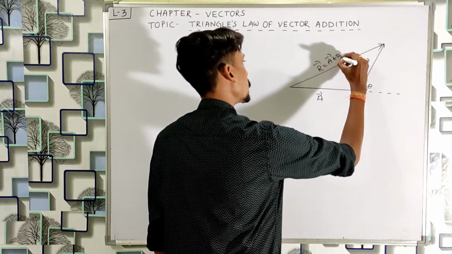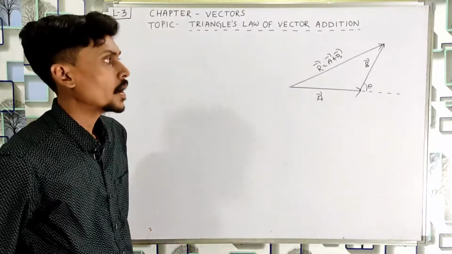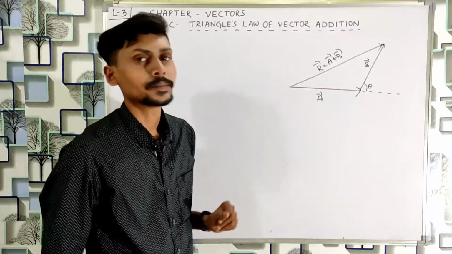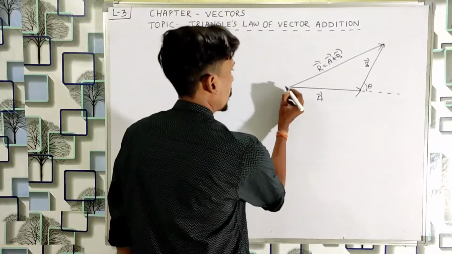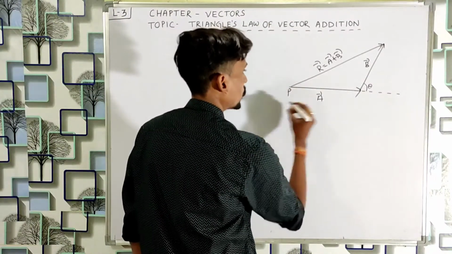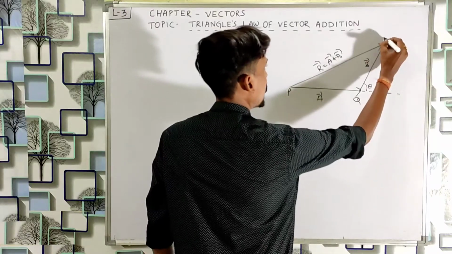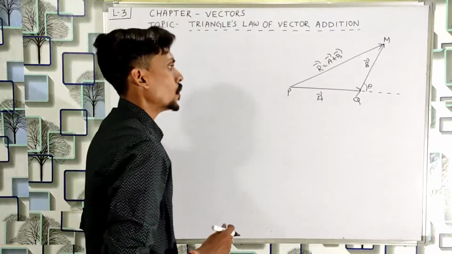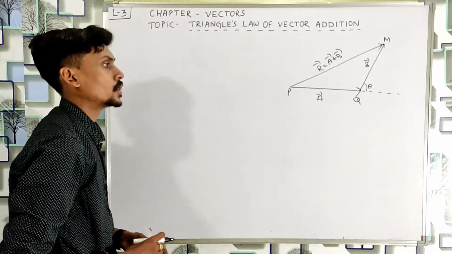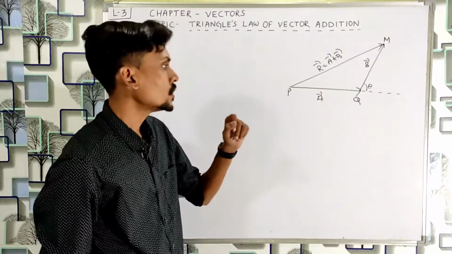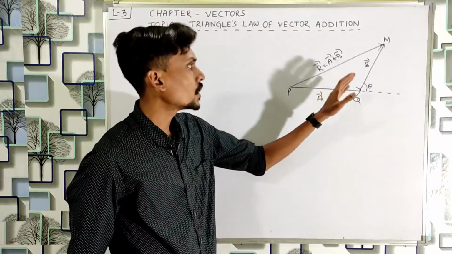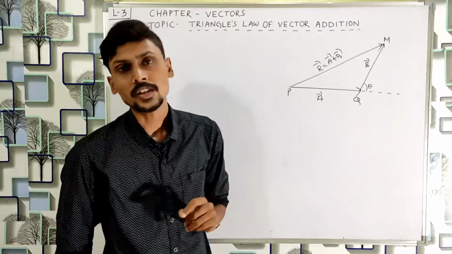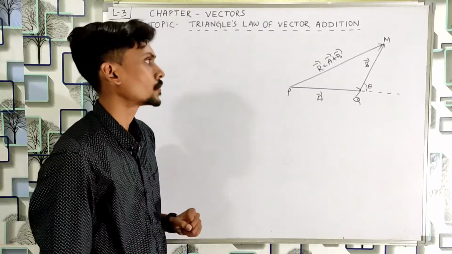So R vector is equal to A vector plus B vector, and this R vector is in opposite order with both A and B. Suppose this is P, Q, this is M, this is the triangle PQM. So in the triangle PQM, the side PQ represents vector A, the side QM represents vector B, and the side PM represents vector R, or the resultant vector.